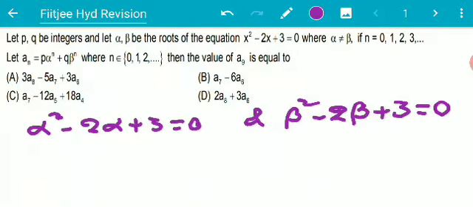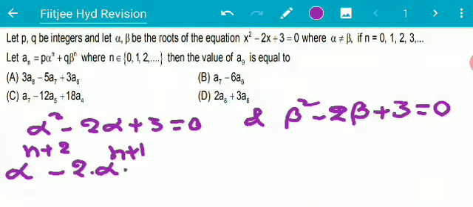Okay, so I will generalize the case because a n is given, so I will find it using n only. That is why I am multiplying with alpha power n, and this is beta power n. So when I am multiplying with alpha power n, it is alpha power n plus 2 minus 2 into alpha power n plus 1 plus 3 into alpha power n equals to 0.